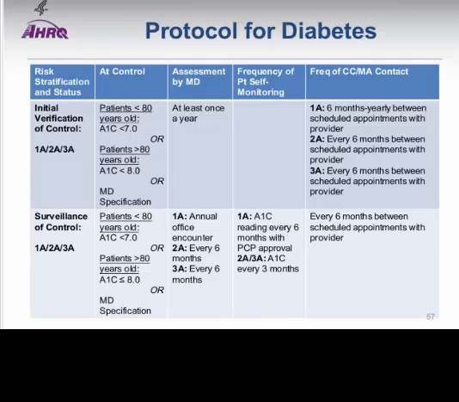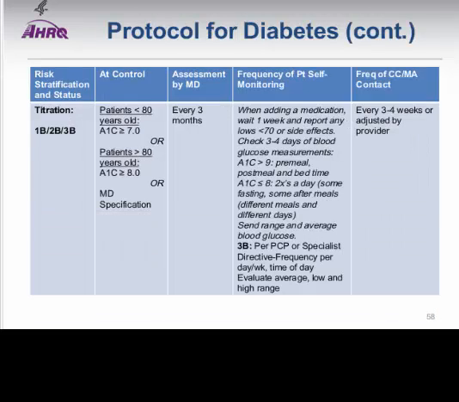And then there's a recommended frequency of care coordinator contact. And they work closely with medical assistants. In this surveillance mode, it was every 6 months. But depending on the status, those factors would go up or go down. And there were these protocols for diabetes and for hypertension and for heart failure.